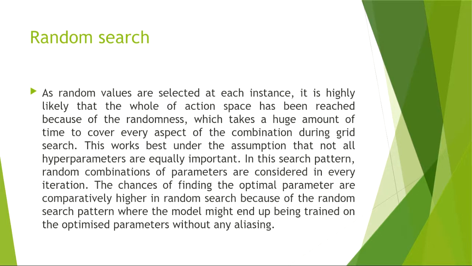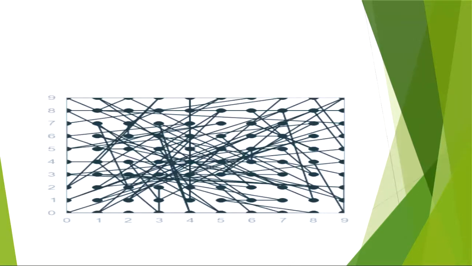And for random search, you see here, can you see this diagram? In random search, it can go anywhere. There's nothing like it should go in this order only, which was happening in your grid search.